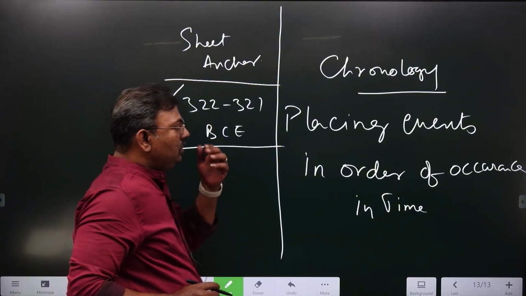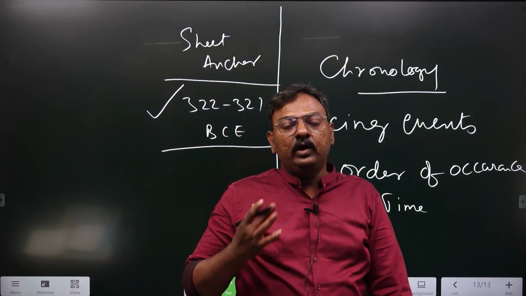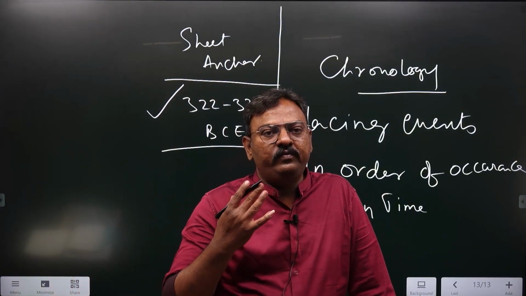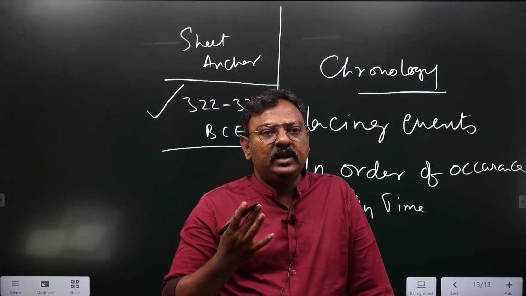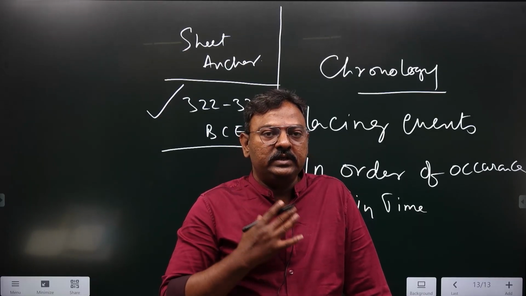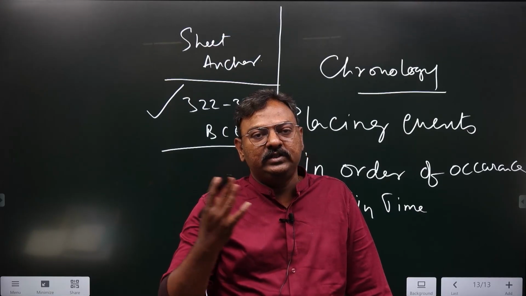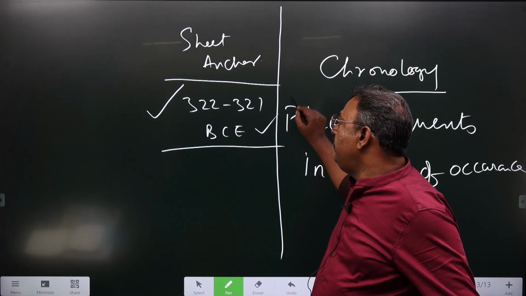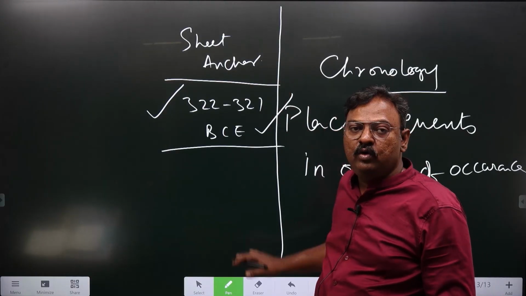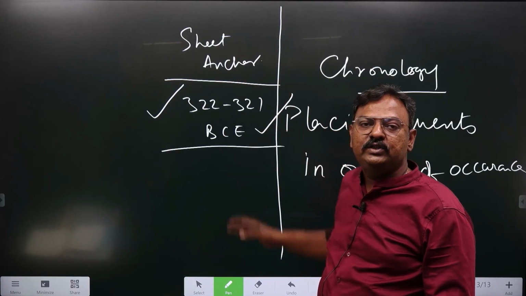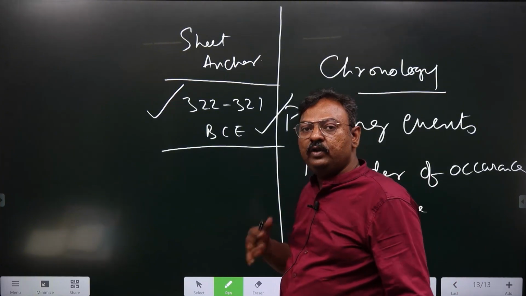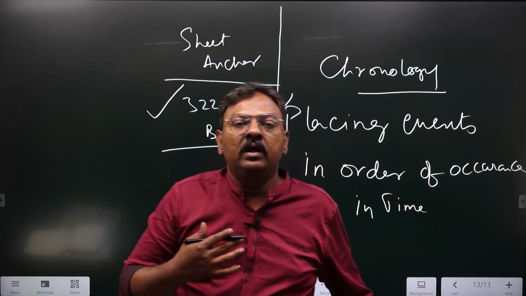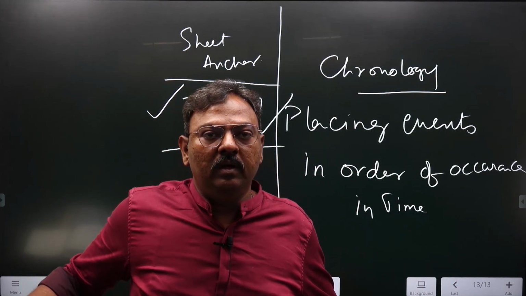So that is why the Greek accounts, though they might have written about India in a very fictional way, also give us the chronological anchor in fixing India's chronology in a sequential order. That is how we know about the Mauryan establishment in India.